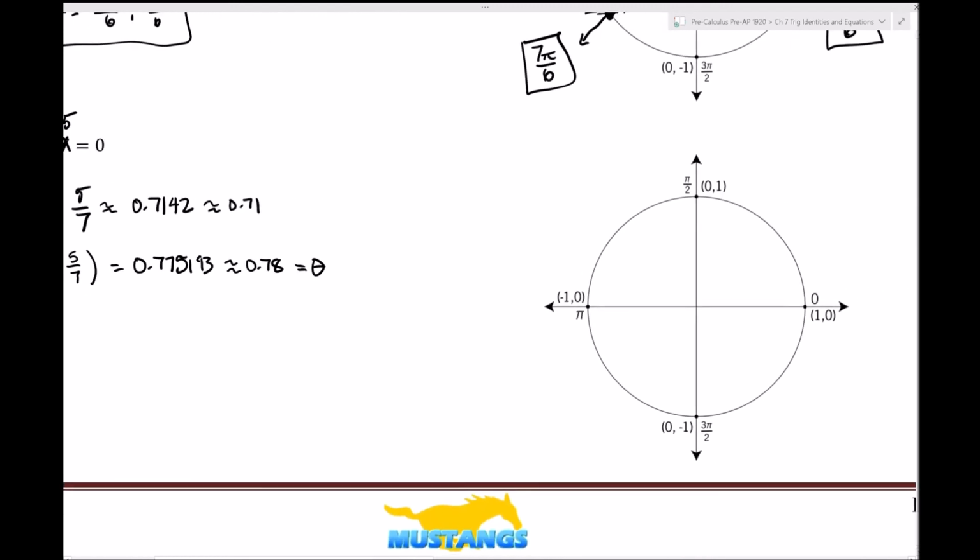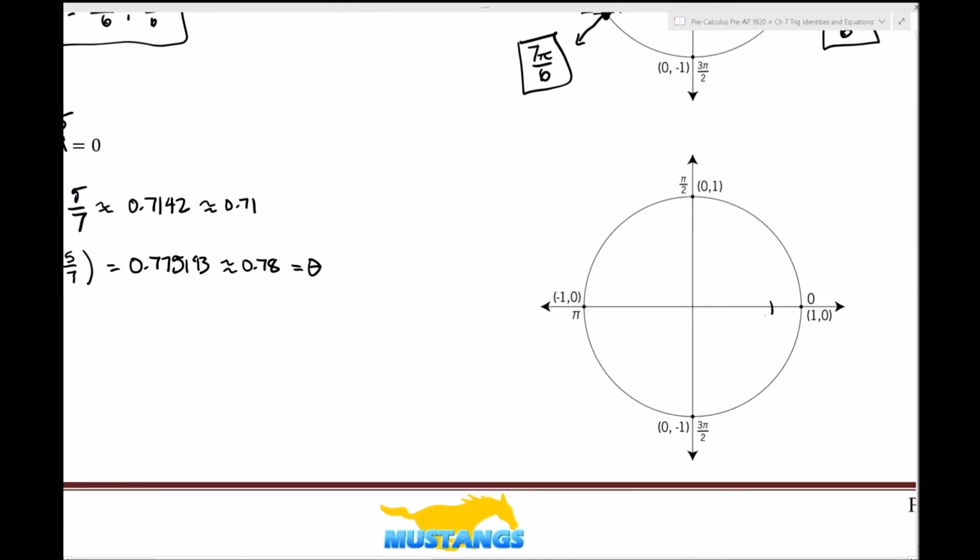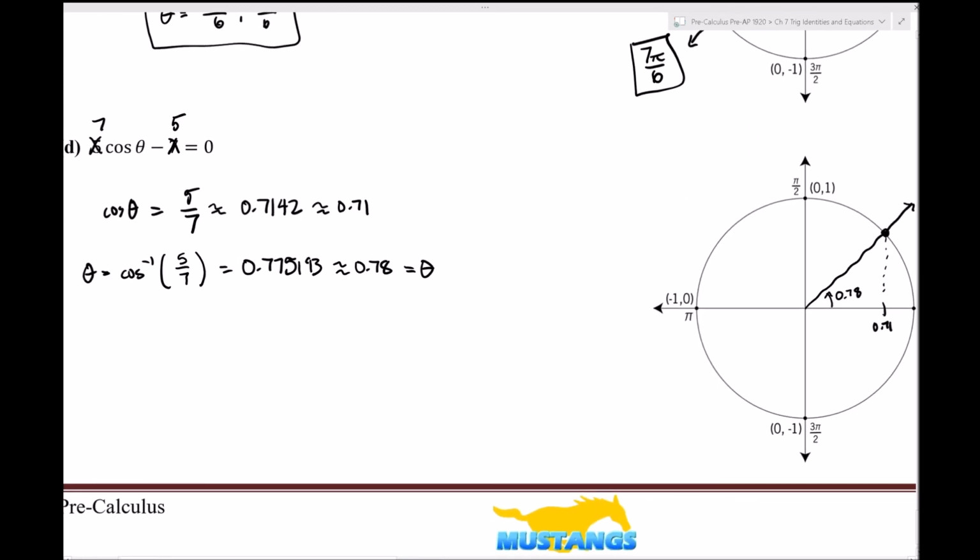So the x-coordinate is 0.71, which is still about the same place. We're talking about this. That x-coordinate, theta, was 0.78. So that's one of the answers, by the way, because that's between 0 and 2 pi.